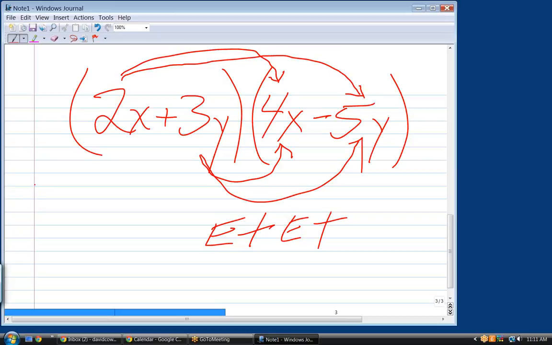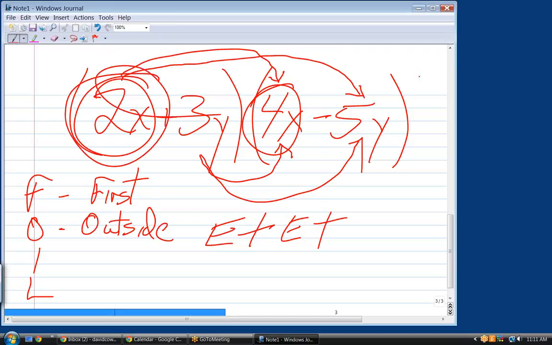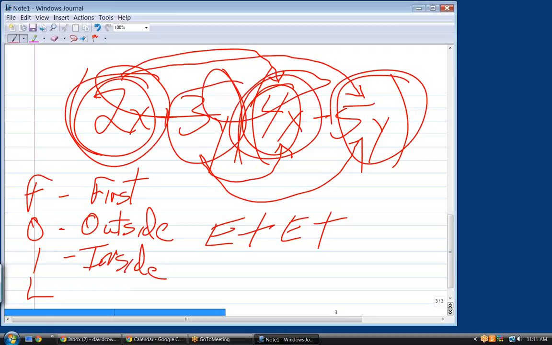The reason they came up with the word FOIL, I'll give it to you just in case you didn't get it, is that the first arrow that I drew was from here to there. And then I did the outside terms, that one and that one. And then I did the inside, which is this one times this one, and then finally I did the last, which was my 3y times my 5y.